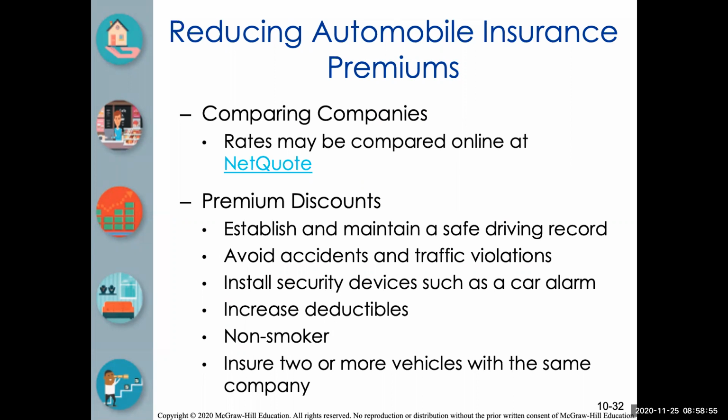So Progressive, Geico, Erie, Allstate, all great companies in their own right. So go and compare these entities against one another using NetQuote, great website. You can compare them right there online.